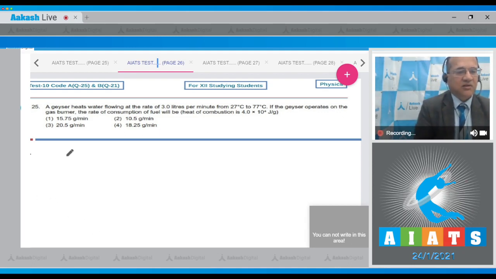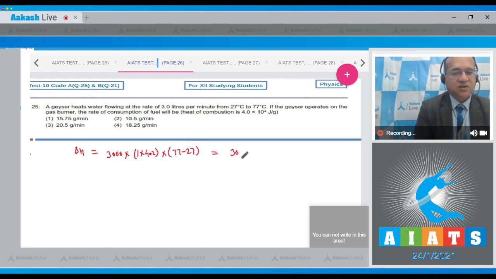Now see, the water is taking heat, and the heat per minute taken by the water, I am taking the mass, which is 3 liters, so 3000 gram, into the specific heat, that is 4.2 joule, and the temperature change 77 minus 27. So this is the heat required per minute. So this is 3000 into 4.2 into 50.